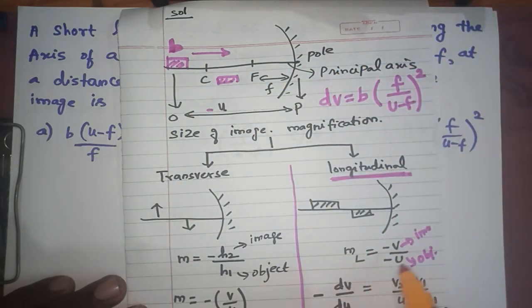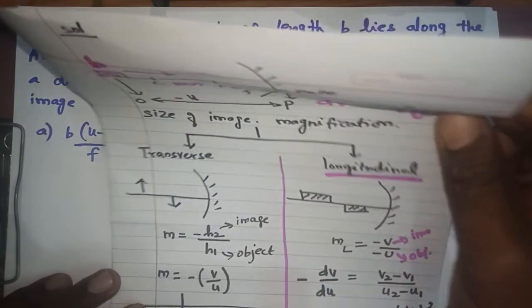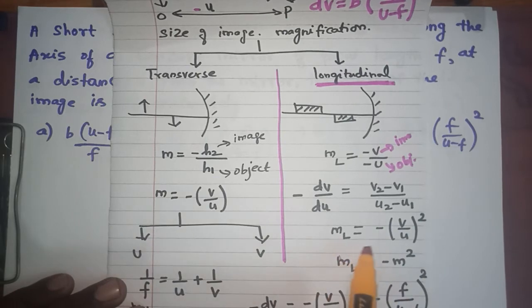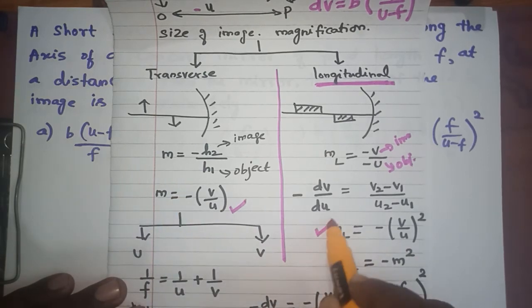The ratio between the image and the object gives my longitudinal magnification. Since there is a change in the length, the final length minus the initial, u2 minus u1, the two distances give me the difference dv by du, and this I can calculate as ml equal to minus of v by u to the whole square, and it is minus v by u in transverse, and this is in longitudinal.